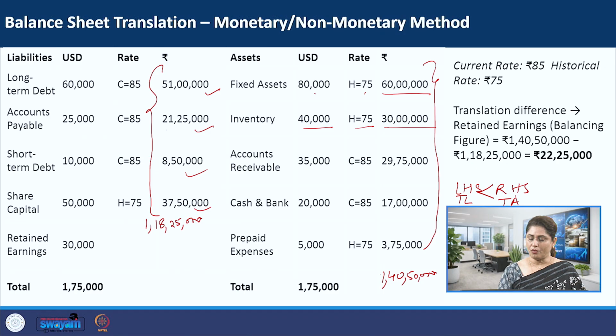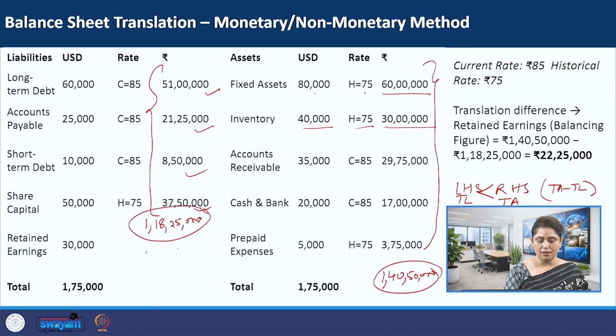So, somewhere what we have to do, we have to balance it, and the difference, that is total of the assets minus total of the liabilities, has to be written against the retained earnings, so that the whole balance sheet balances itself. And hence what we are going to do, the difference of this figure and this figure will be the value of our retained earnings, irrespective of whatever is written in the USD.